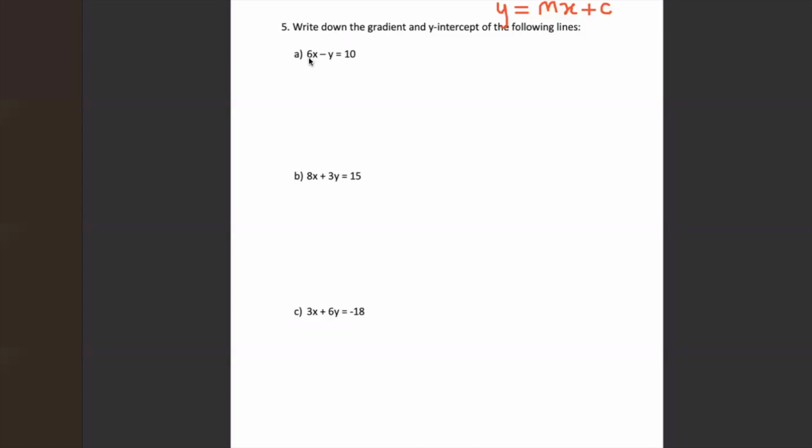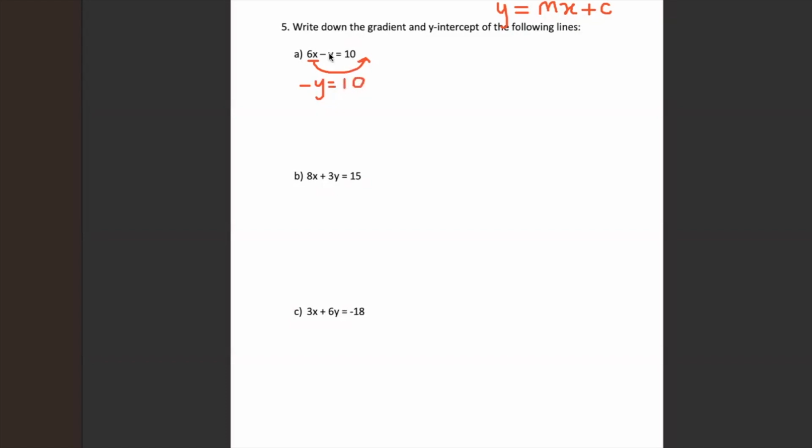So that 6x has to be removed from the left-hand side and moved to the right-hand side. If we move it to the right-hand side, it should become a minus 6x. So on the left, we have a minus y, and on the right-hand side, we already have a 10.